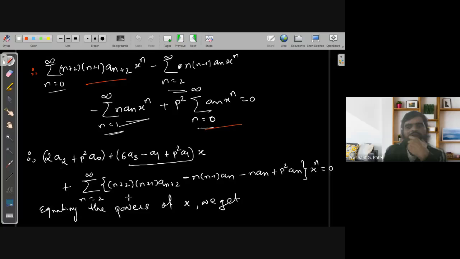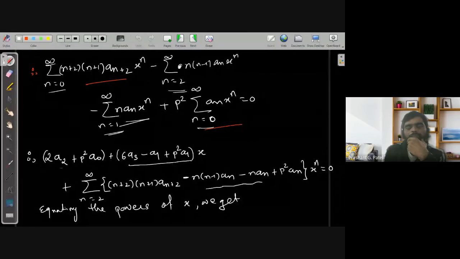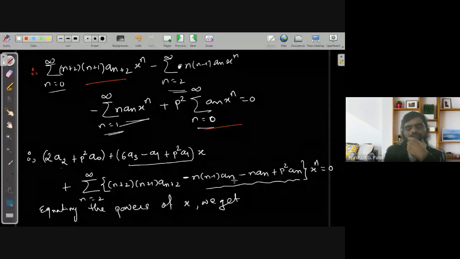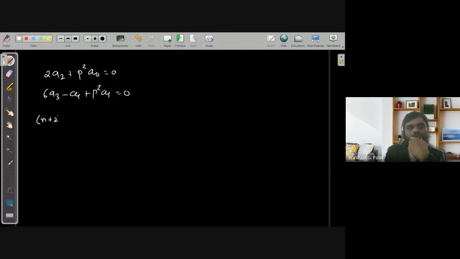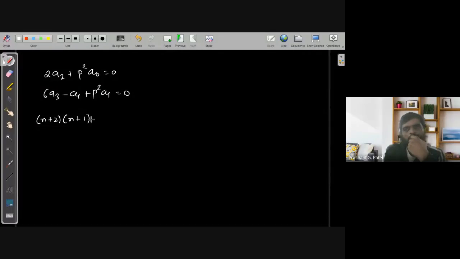And then lastly we have all the terms having an, so I can take an common and simplify that quantity. Let's see what we get. The coefficient of an plus 2 is n plus 2, n plus 1, an plus 2, then it is minus.